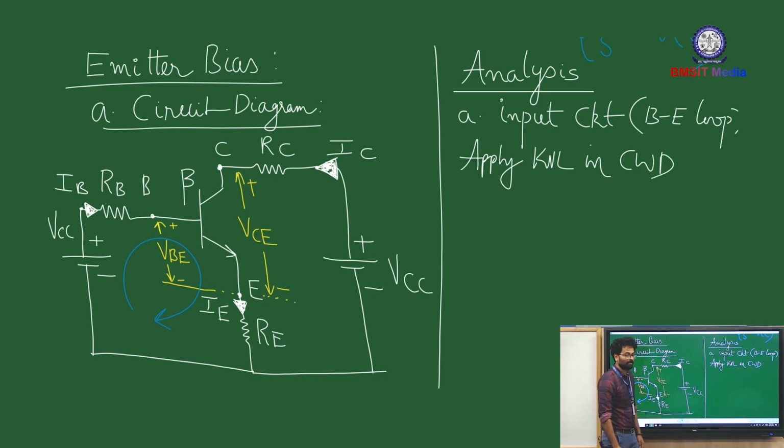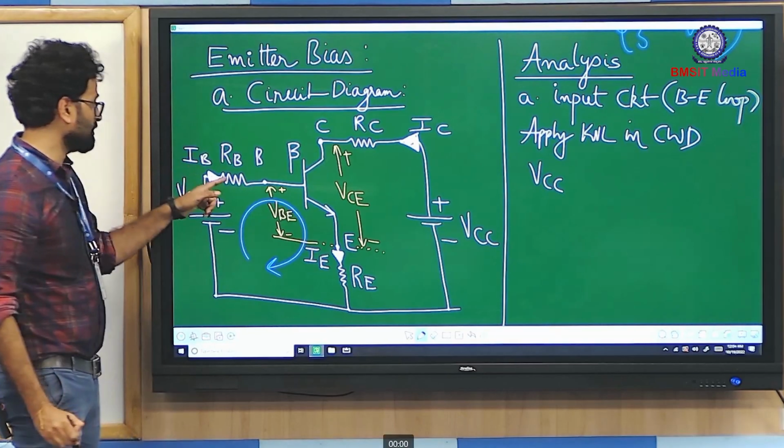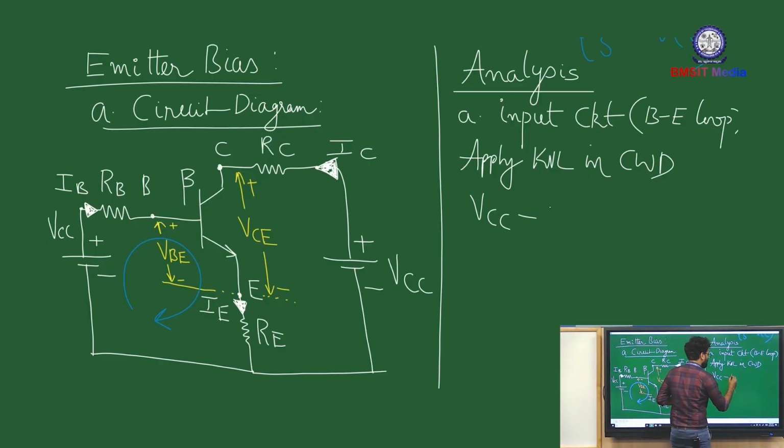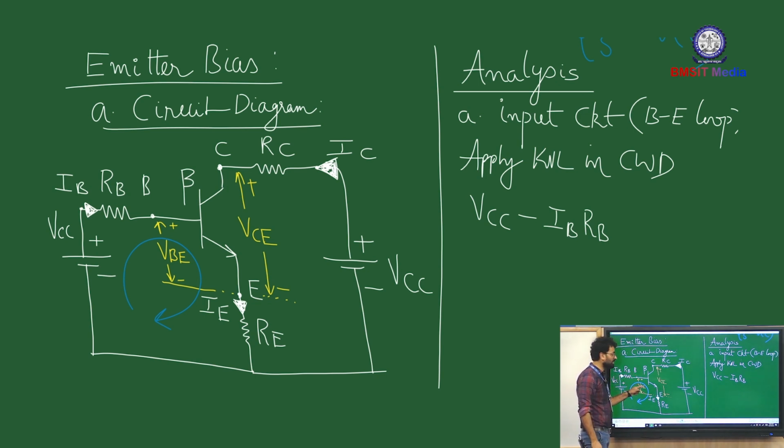So let's apply KVL in the clockwise direction. Let us start from the power supply. Clockwise means going up, then right, and then taking a circular motion, right? So minus to plus VCC. Then you have a resistor. Through this resistor, current IB flows, so there is a potential drop. The potential drop is IB into RB, and then coming down, you trace VBE from positive to negative terminal, so minus VBE.